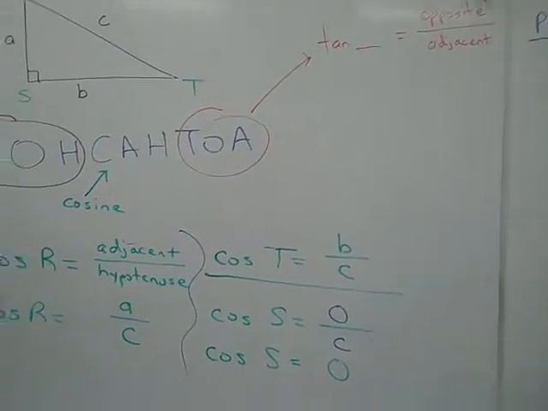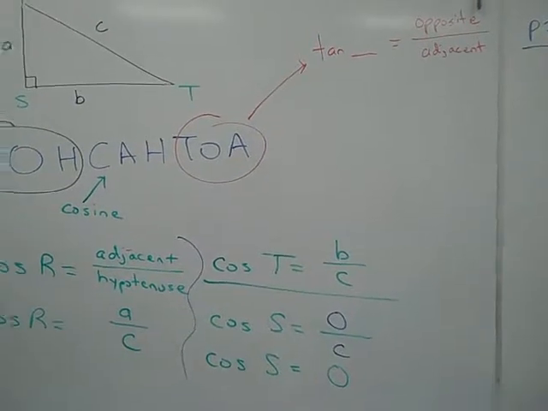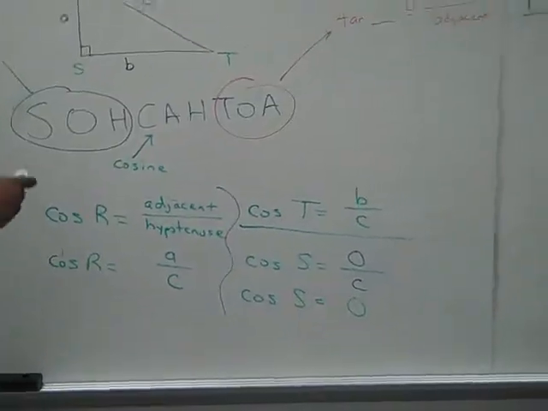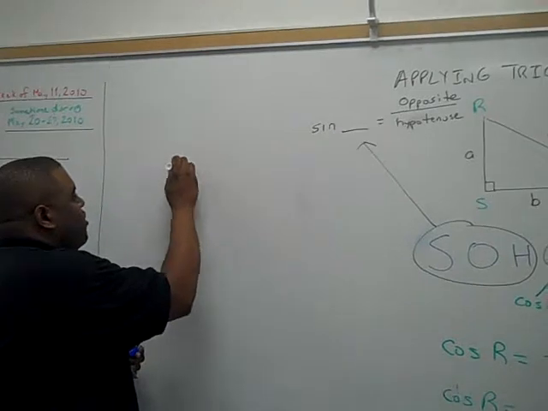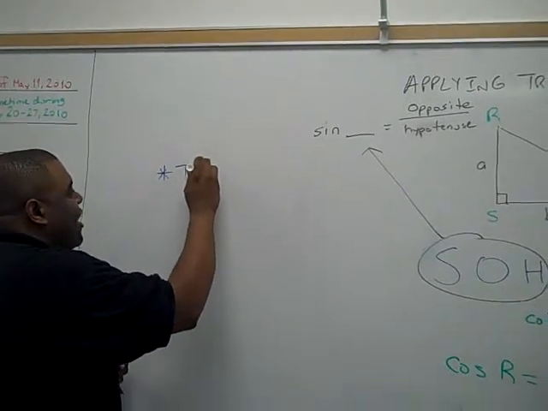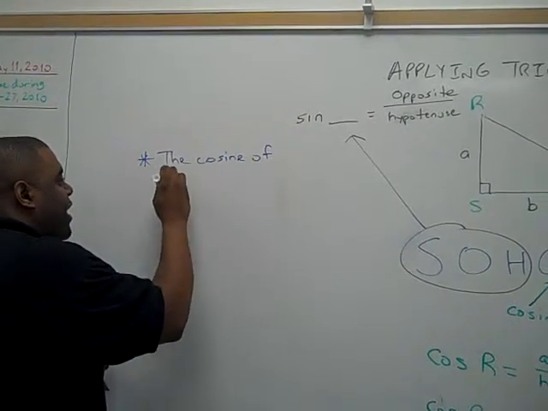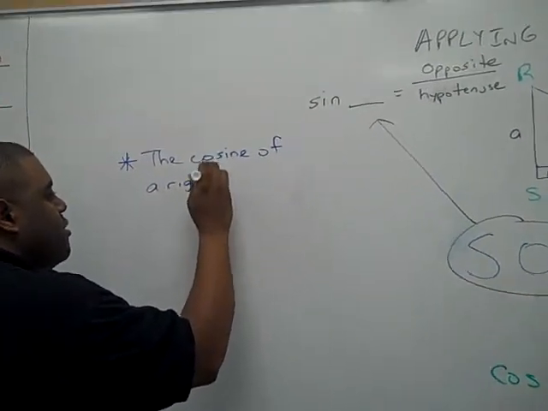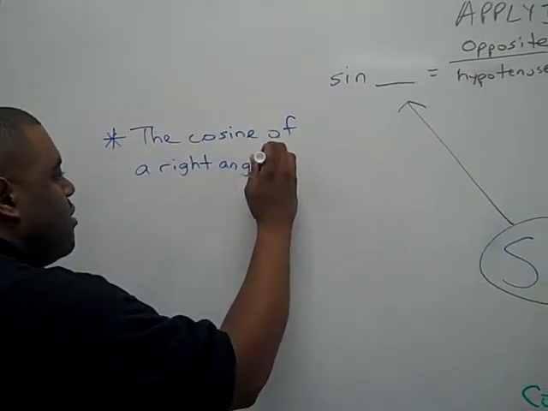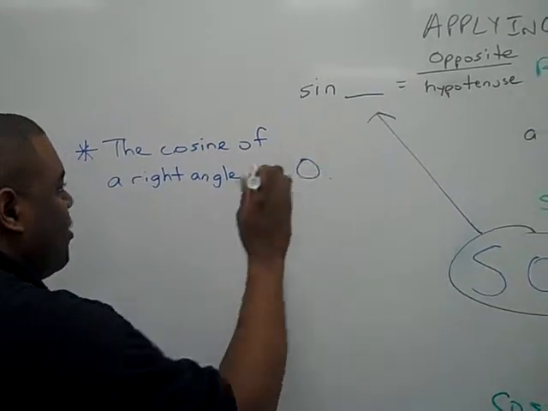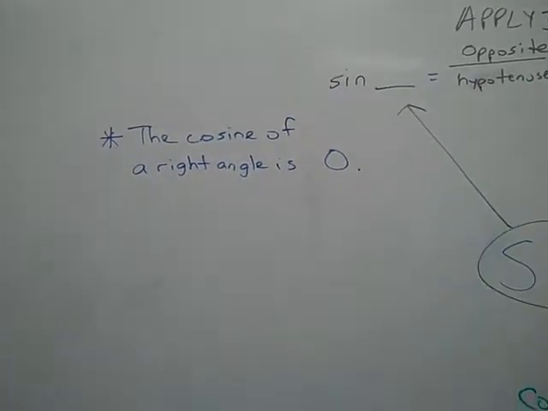Okay? So, another thing to remember, and I ran out of room down here, so I'll just write it here. So, just remember that the cosine of a right angle is 0. Always 0. Okay?